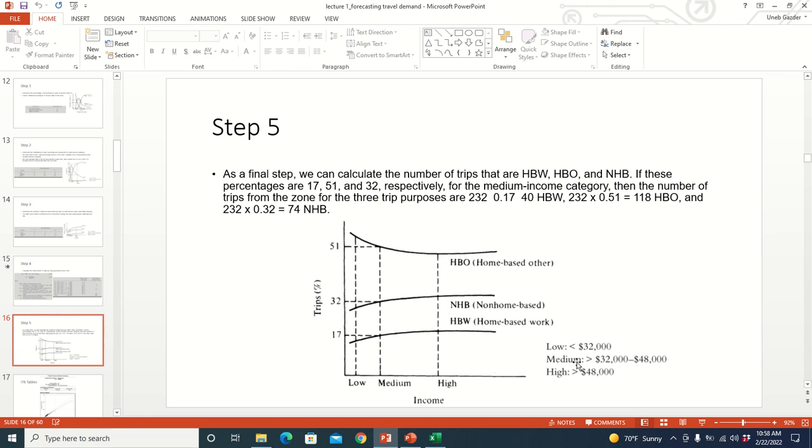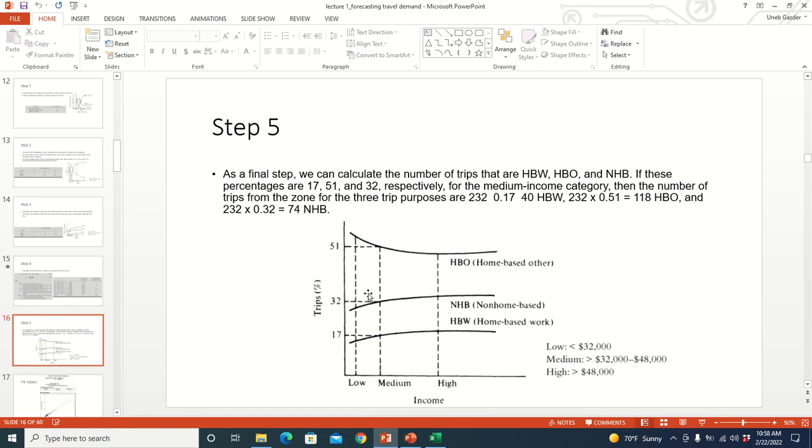For example, the medium income category, which is plotted here, has 17% home based work trips, 32% non-home based trips, and 51% home based other trips. For the rest, you can deduce the numbers yourself, but the graph is not so well labeled, so I will avoid doing that.